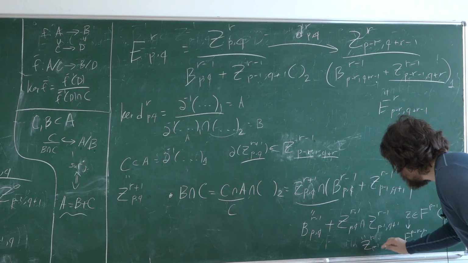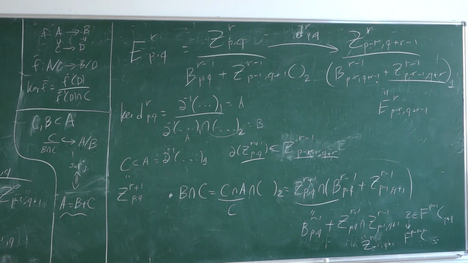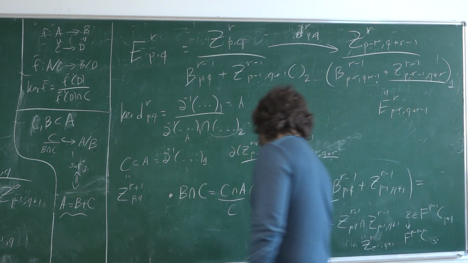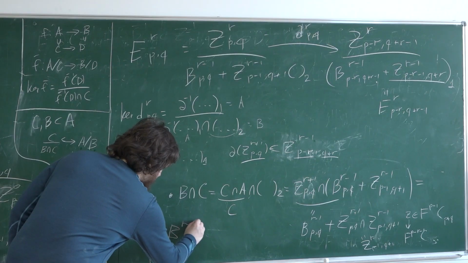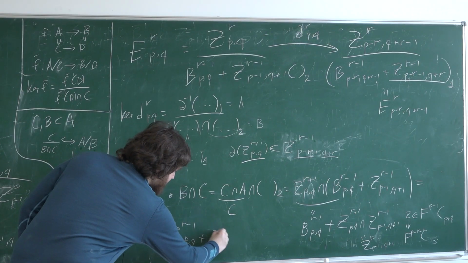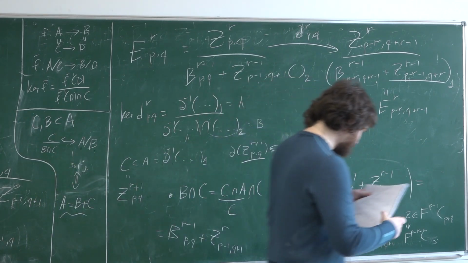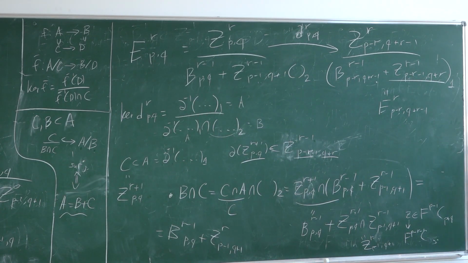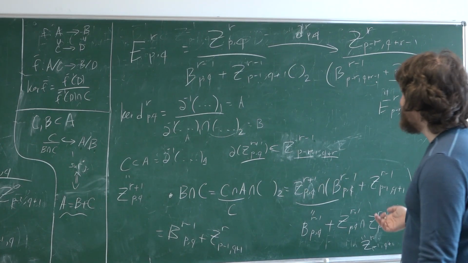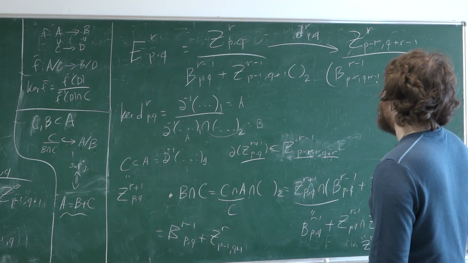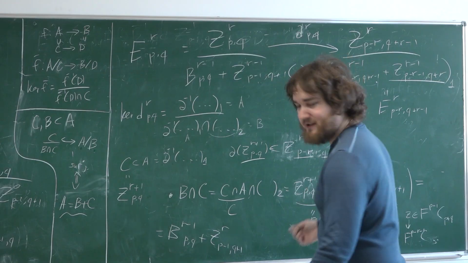So this intersection is exactly B_{R-1}^{P,Q} plus Z_{R}^{P-1,Q+1}. It's not a very scary quotient.